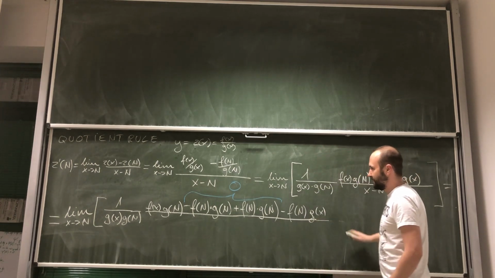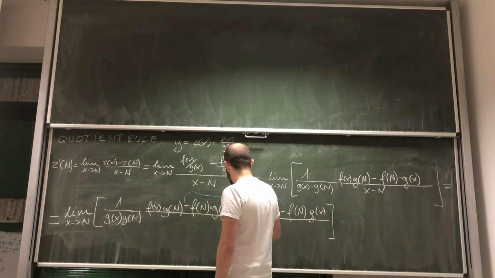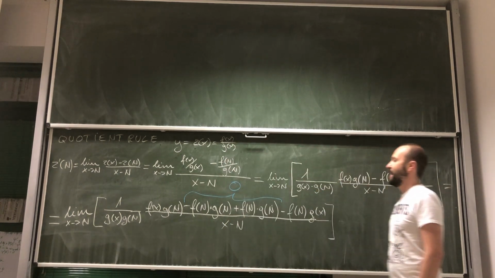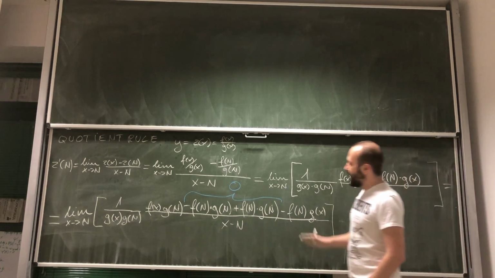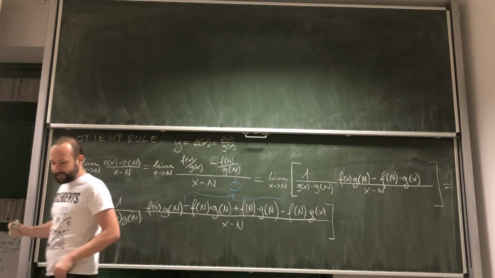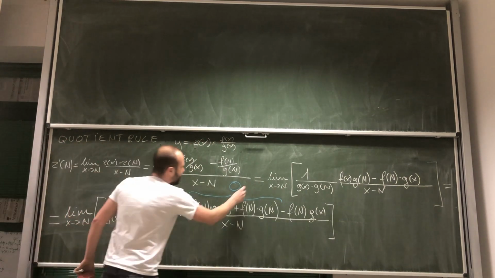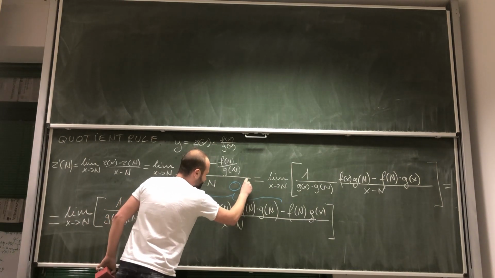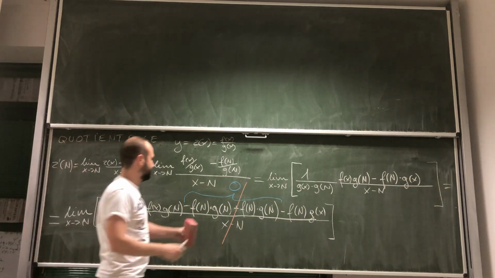Actually, we didn't even need such a long bar. Okay, all divided by x minus n. So now let's try the same trick as we did before, and split this into two separate fractions.